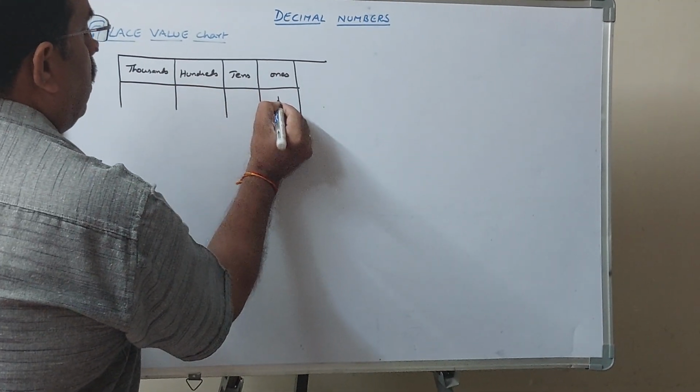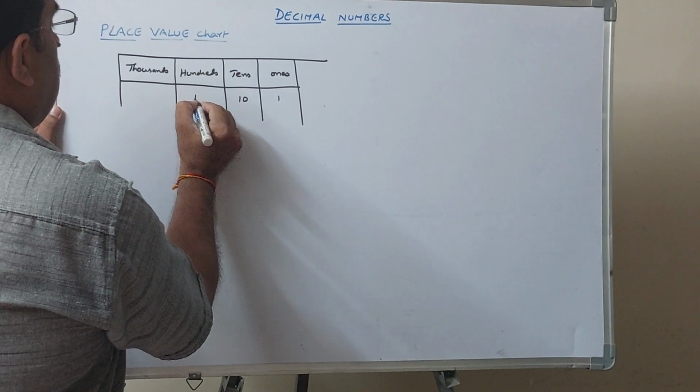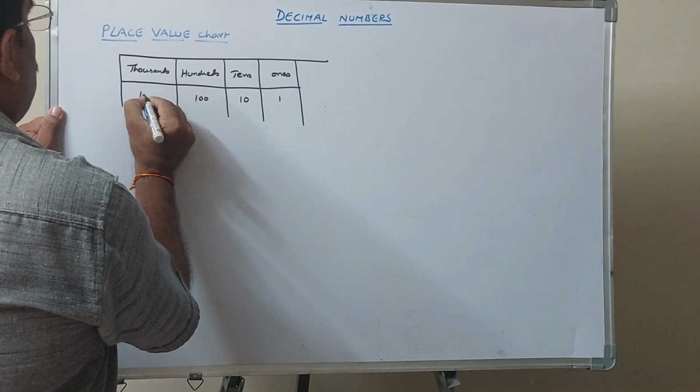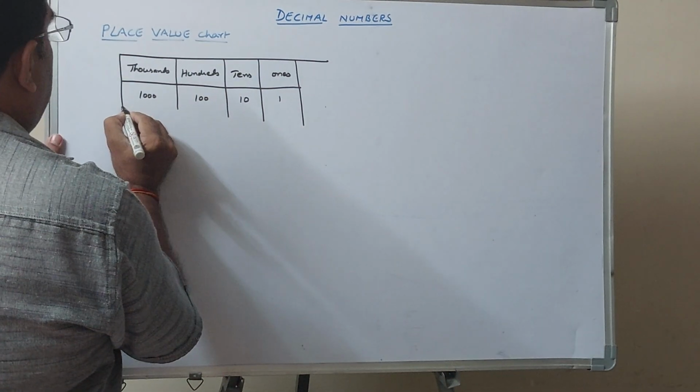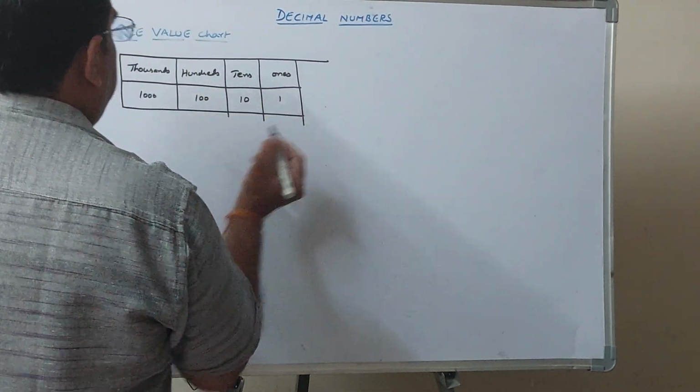We are writing ones, tens, hundreds, thousands. Next is 10,000, lakhs, like that we are having. These are the place values.